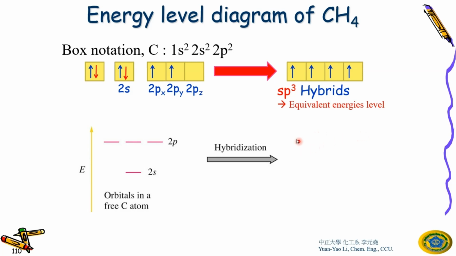So where are you going to draw them? Is it here, 1, 2, 3, 4, or here? In what energy level? Here, right? You have to make the energy level between this one and this one. It should be 1, 2, 3, 4 here.